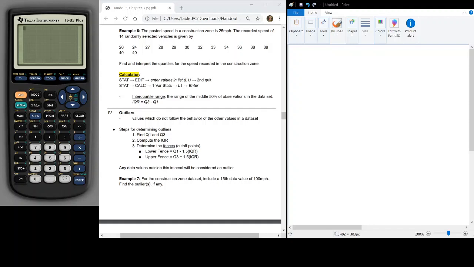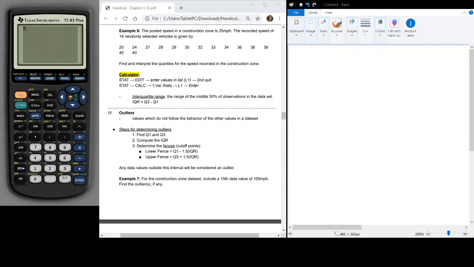The way we calculate outliers involves two formulas, the lower fence and the upper fence. It's a region, if you will, that contains the acceptable miles per hour for a data set. Anything that lies outside of the fences is considered an outlier.